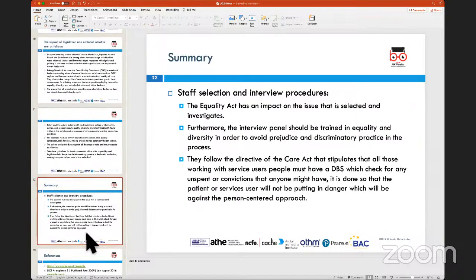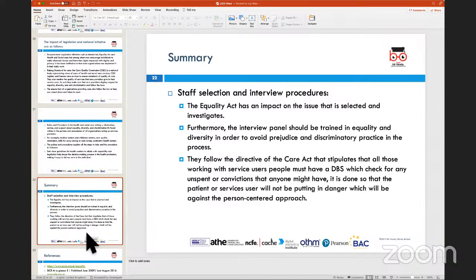Another example that you could take is related to staff recruitment. I gave an example earlier that if an organization was recruiting a receptionist and they advertise that female candidates only apply, then they would be discriminating. So generally speaking, staff recruitment policies have to be written in a manner which promotes fair processes and is non-discriminatory.